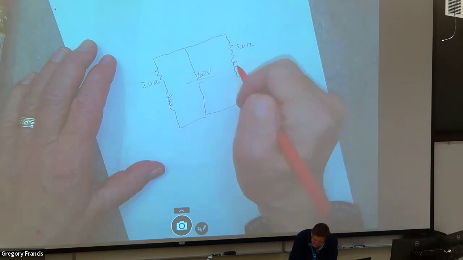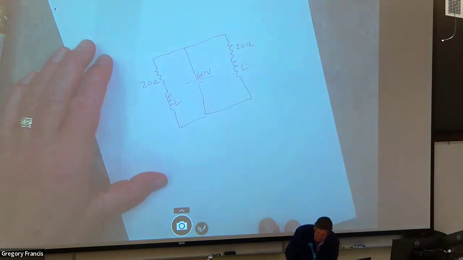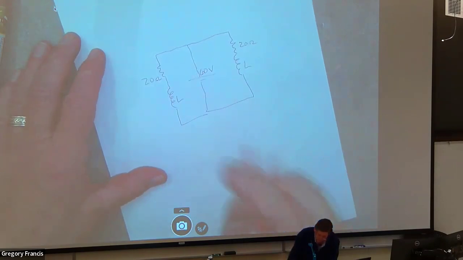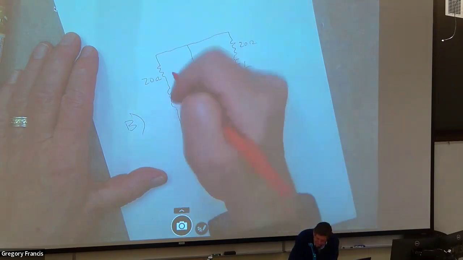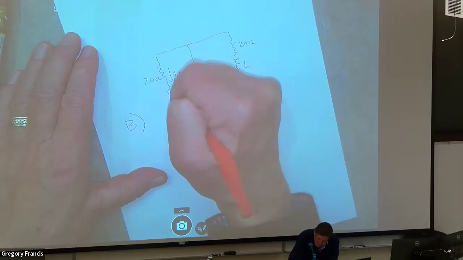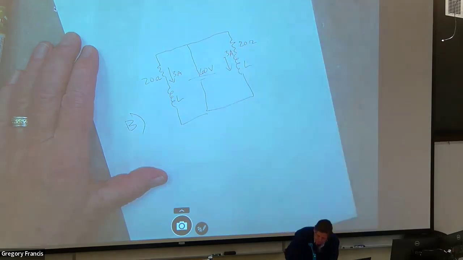Okay, that's an inductor here, and that's an inductor here. And so during our part B, a long time after the switch is closed, the 2 inductors turn into wires. And so I would have 3 amps going down here and 3 amps going down here.